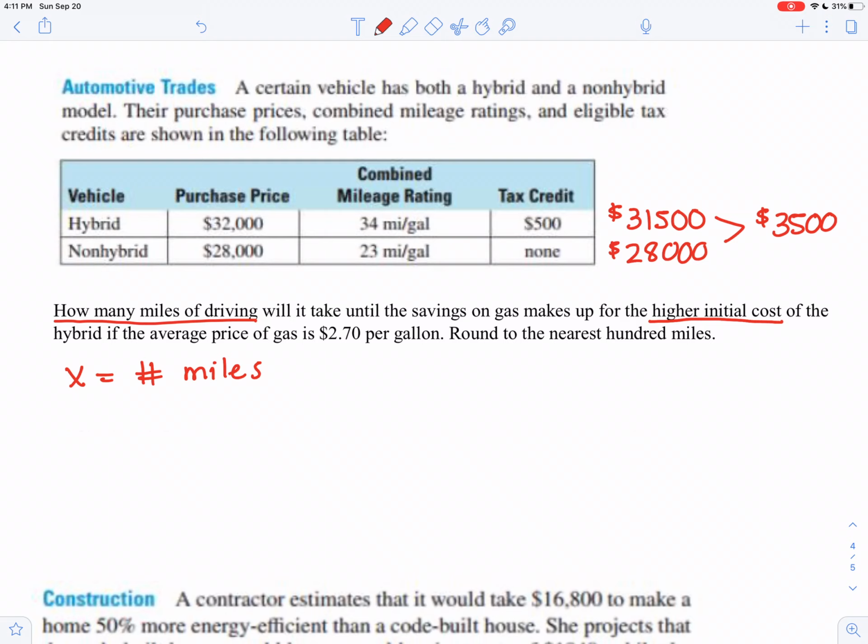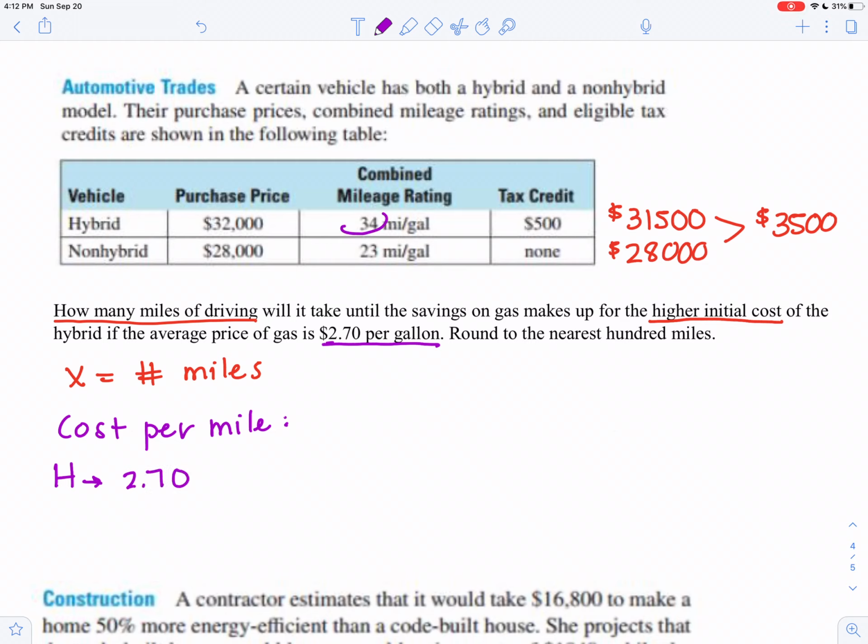All right, now, because I'm trying to come up with a number of miles, and because each car has a different mileage rating, I'm going to need to figure out the cost per mile for each vehicle. So if I start with my hybrid, gas costs $2.70 per gallon.